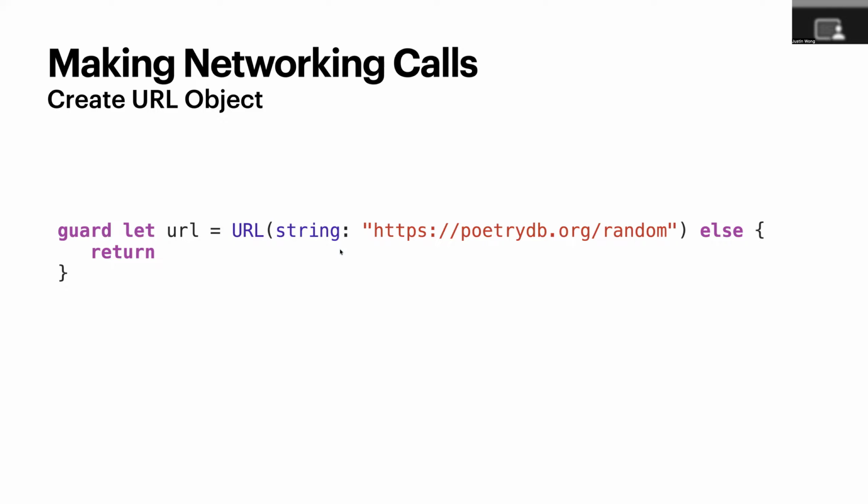One way we could unwrap this optional is using a guard statement. What this says is that if the URL is not nil, we unwrap the value and assign it to this local variable called url, and we can reference it in any code after the guard statement. But if it's nil, we jump into this return case and return out of the function because this URL is invalid.